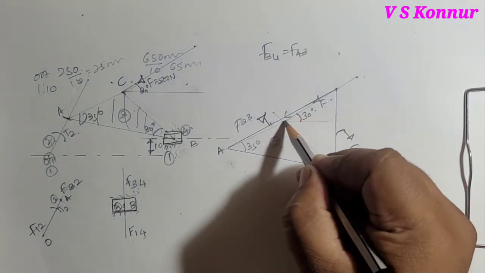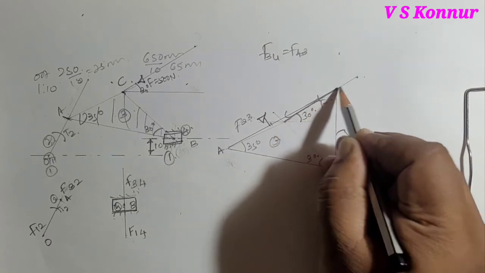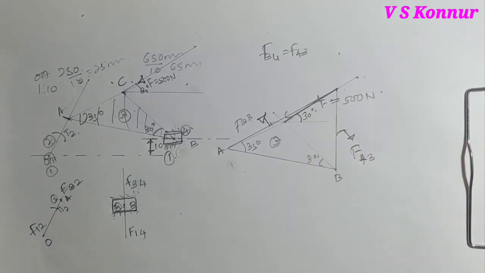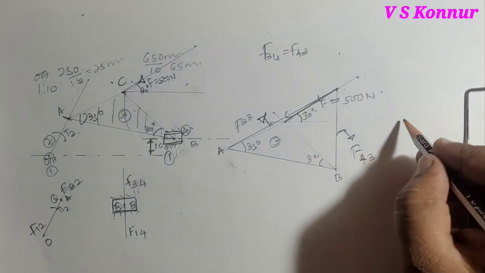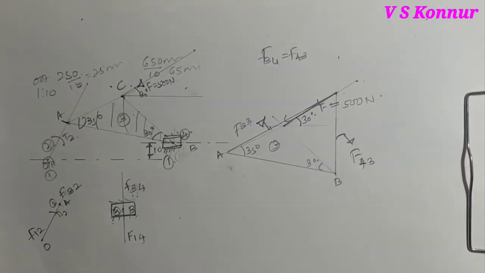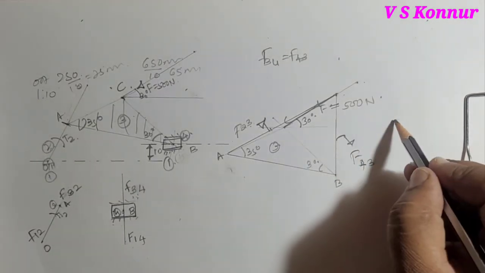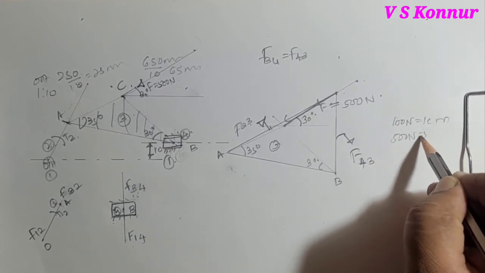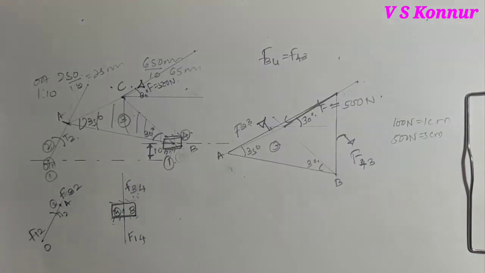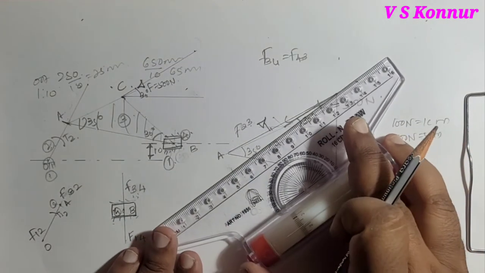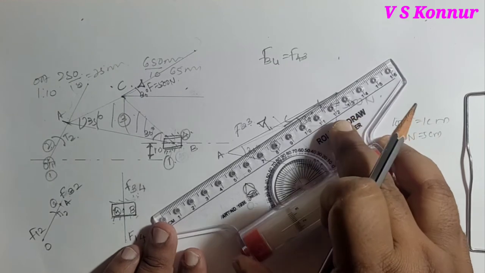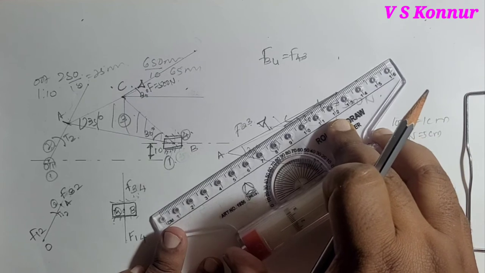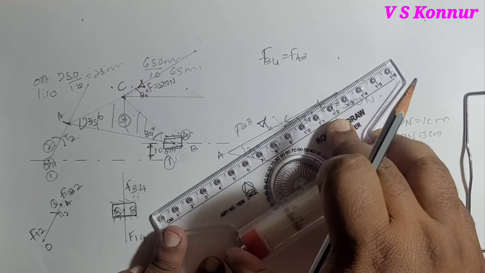Now the known force is, this is the F force. This is the known force. It is having 500 Newton. Now convert that into scale. So we'll convert 100 Newton equal to 1 centimeter, means 500 Newton is equal to 5 centimeter. Now parallel to this F force, keep it parallel with F, because that is very important.